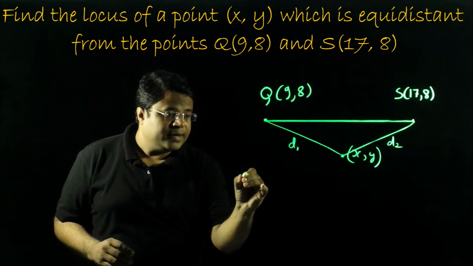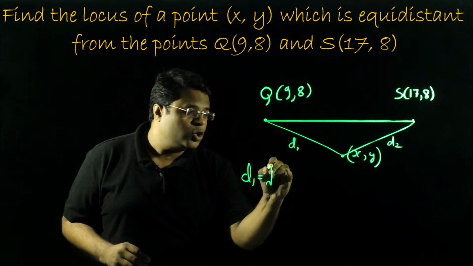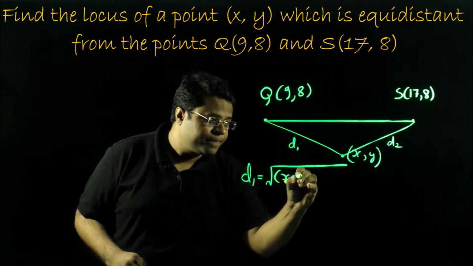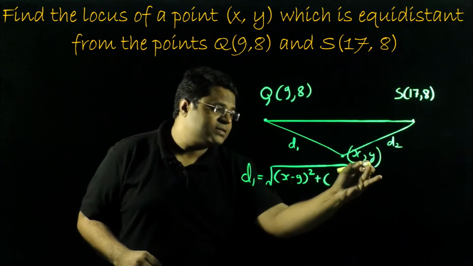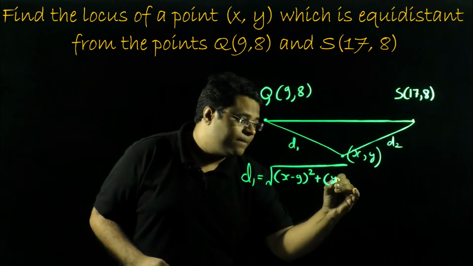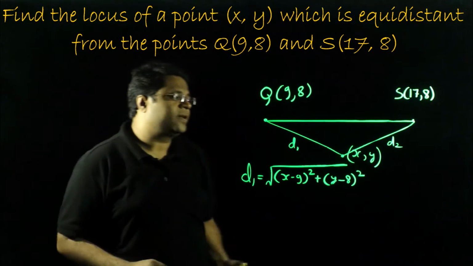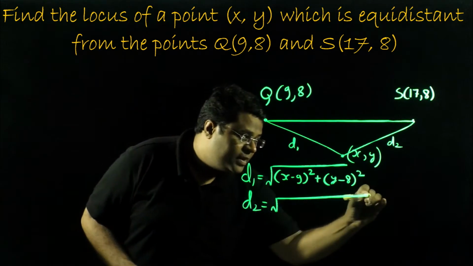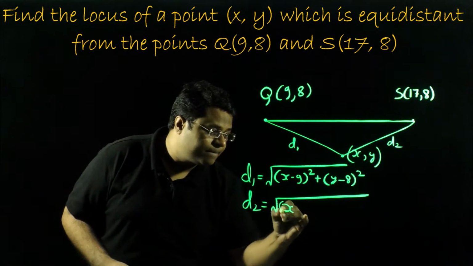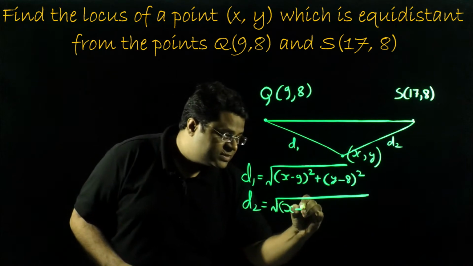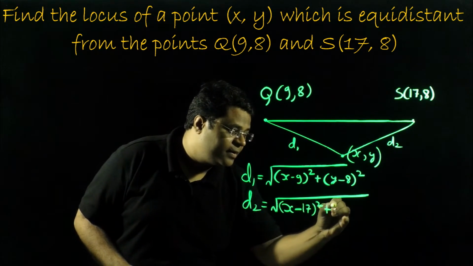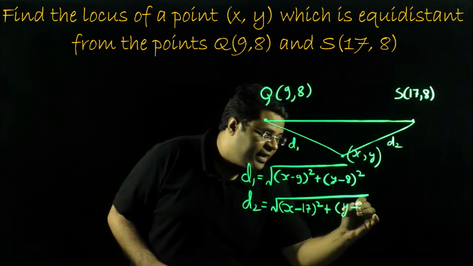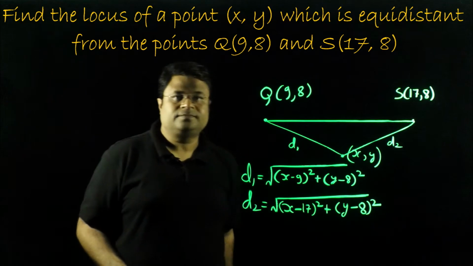So d1 would be the root over (x minus 9) the whole square plus (y minus 8) the whole square, and d2 would be the root over (x minus 17) square plus (y minus 8) square.